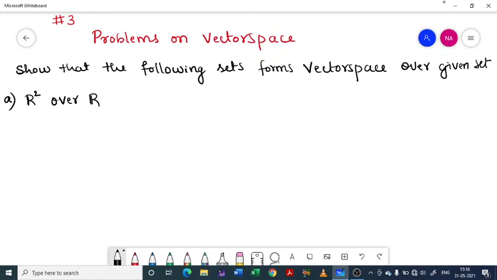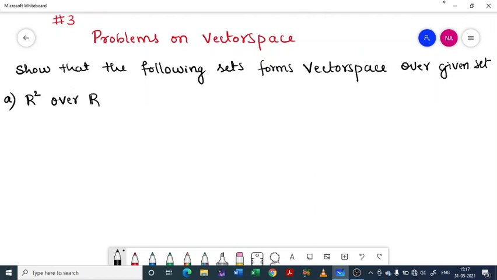If all the conditions are satisfied by this set, then it is a vector space. If it fails to satisfy at least one of those 9 conditions, then obviously the given set will not be a vector space over the given field, generally R. Okay, that's what we are going to do now.